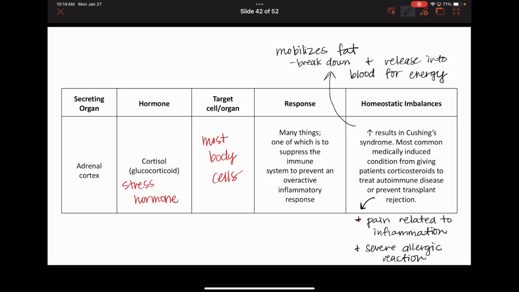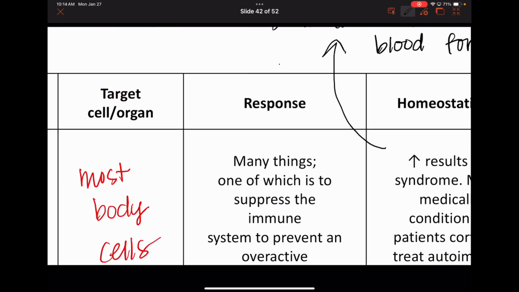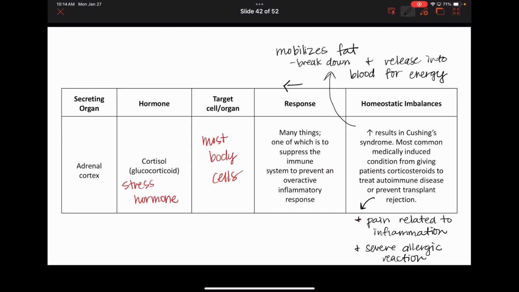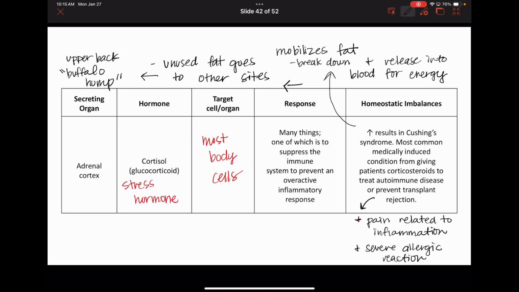And then in Cushing syndrome, when you have too much of this cortisol, that unused fat goes to other sites in the body. Many times it goes to the upper back or lower neck, causing something called a buffalo hump. So a buffalo hump is a sign of Cushing syndrome.